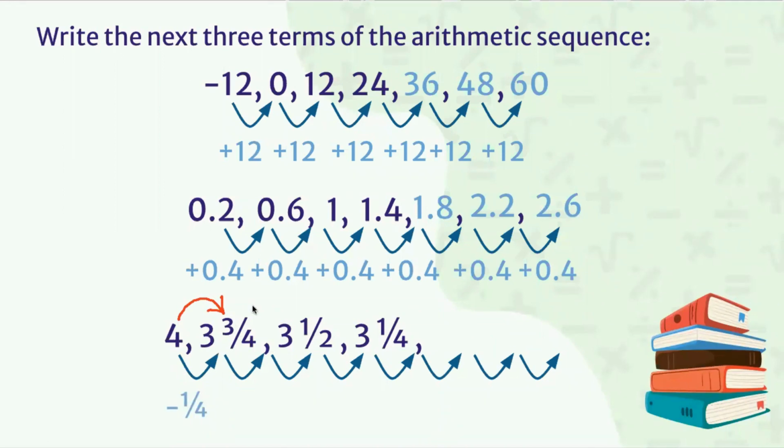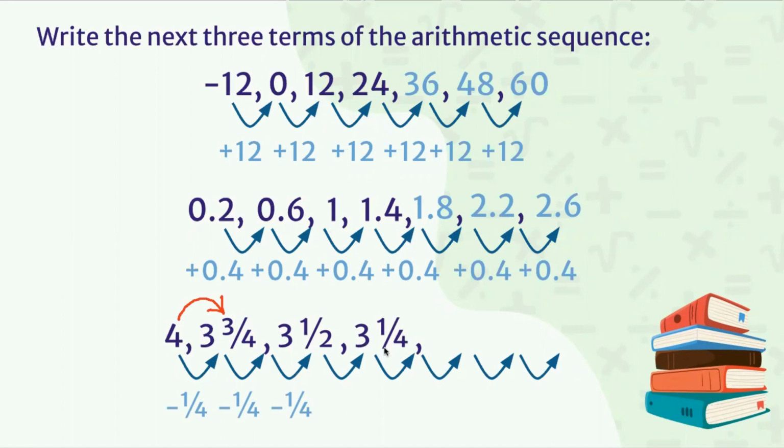And to get from 3 3/4 to 3 1/2, you're also subtracting another fourth. And to get from 3 1/2 to 3 1/4, you're subtracting 1/4 again. And so you found your common difference to be -1/4, and so you can just keep subtracting 1/4 until you get your next three terms.